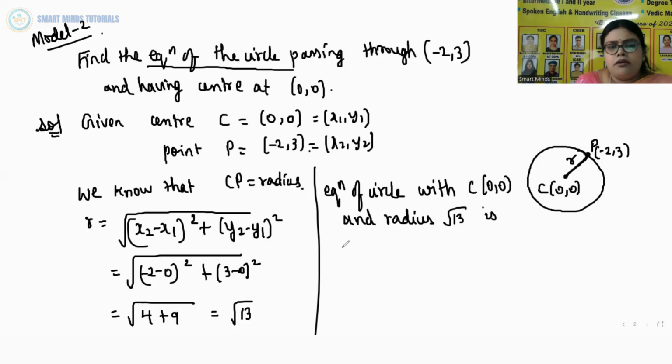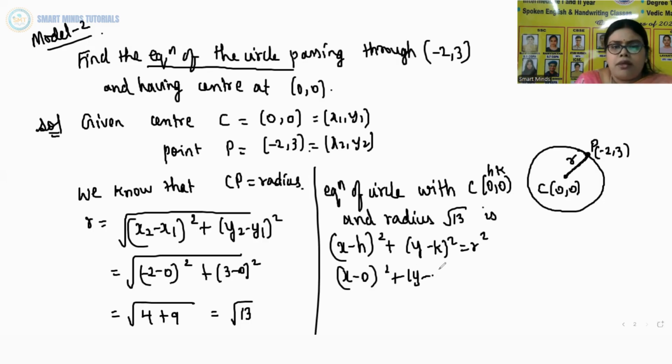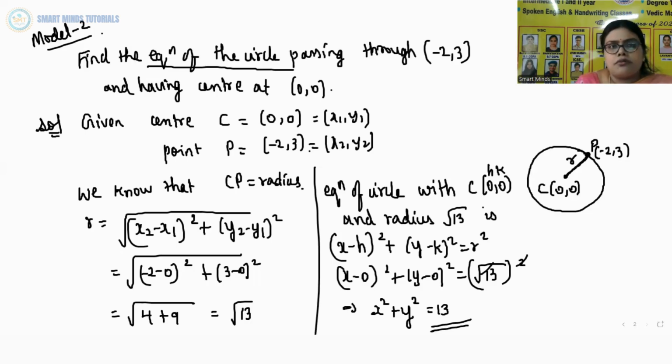The formula is (x minus h) whole square plus (y minus k) whole square is equal to r square. So take center as (h, k). So (x minus 0) whole square plus (y minus 0) whole square is equal to (root 13) whole square. Square root cancels. This is x square plus y square is equal to 13. This is the required equation.